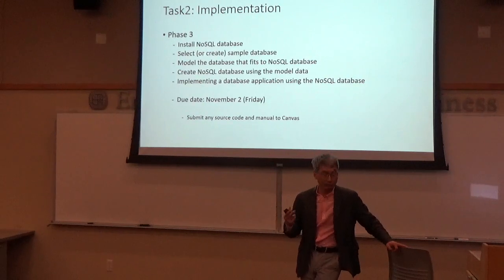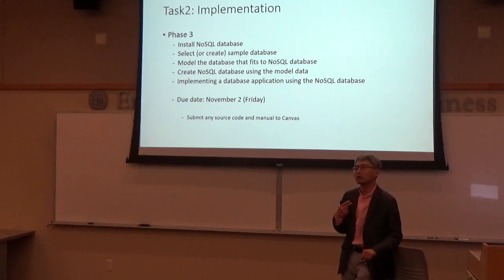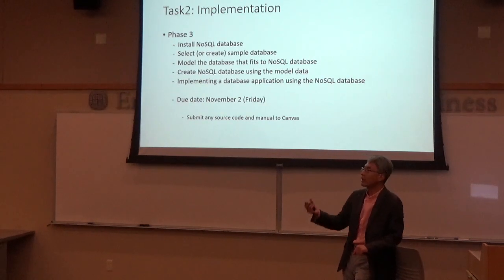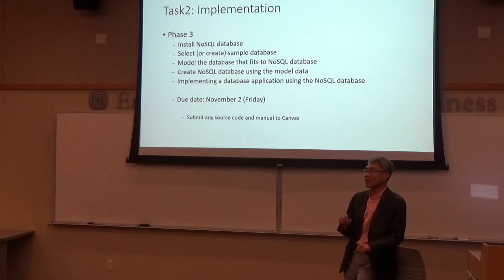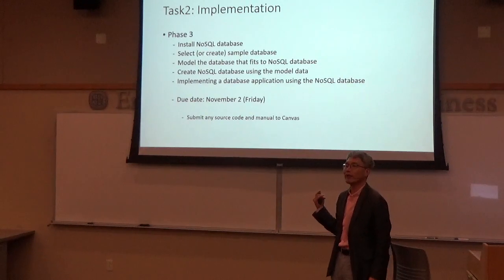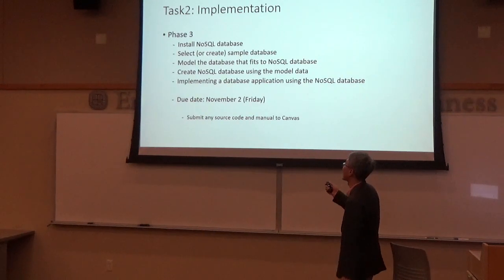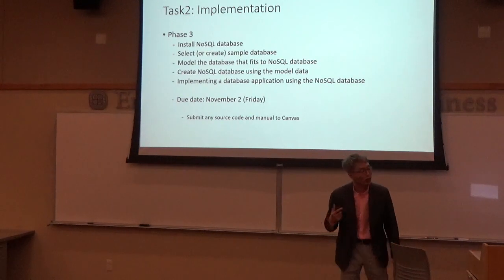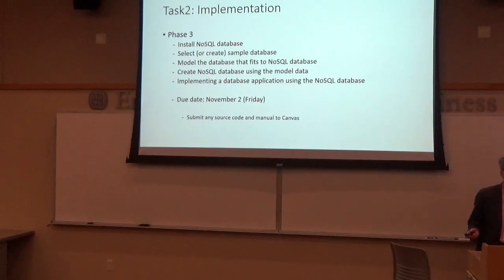At that time, you can get my approval, then you can use the database that was selected by another team member. Okay? So at that time, you can use another NoSQL database, but please contact me as soon as possible. If you realize that your database is not feasible for phase 3, then you can change with my approval. So the due date is November 2nd.